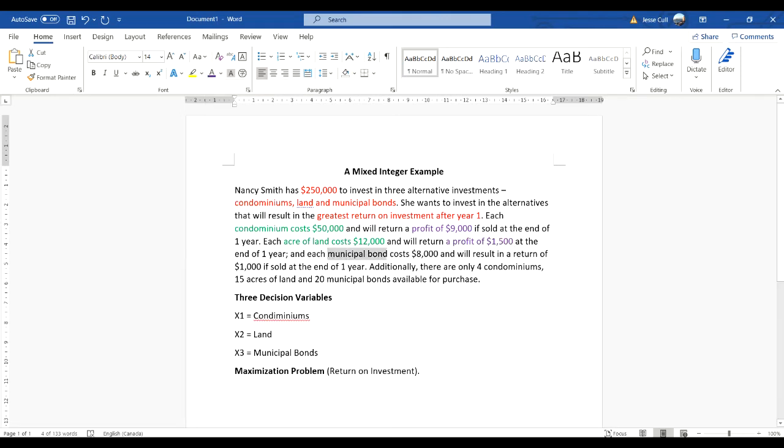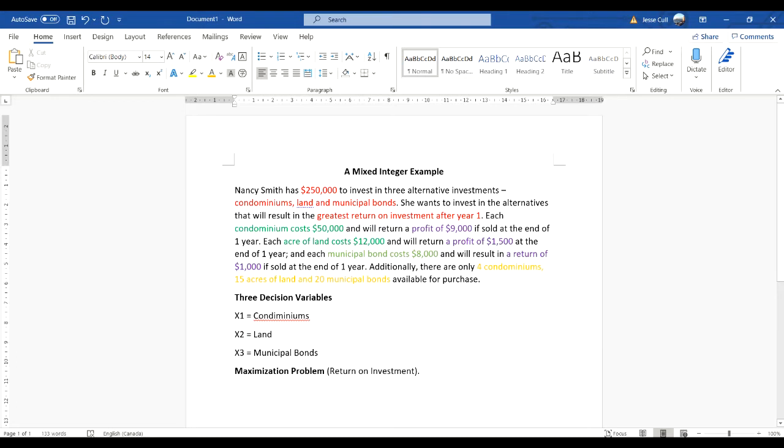Each municipal bond costs $8,000 and will result in a return of $1,000 if sold at the end of 1 year. So what we've found here is more key information. Let's continue reading. Additionally, there are only 4 condominiums, 15 acres of land, and 20 municipal bonds available for purchase. That's our last key point.